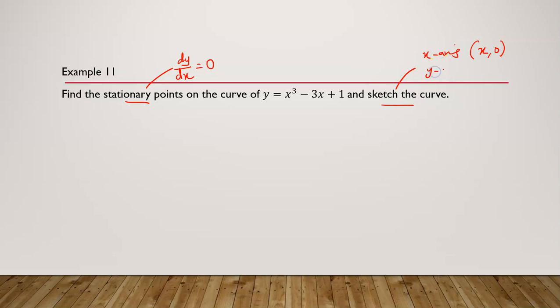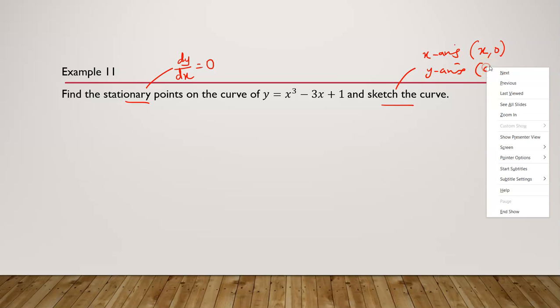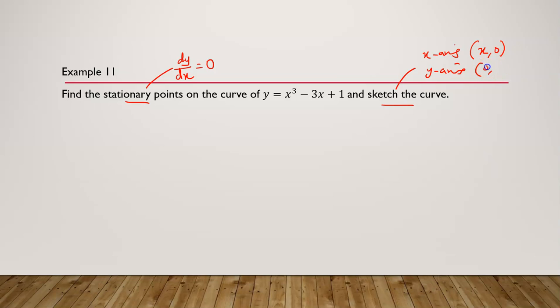Or it might intersect the y-axis, where you know x is 0 but y you don't know. Your graph will have a maximum or minimum or an inflection point. The inflection point I will explain more about later on.